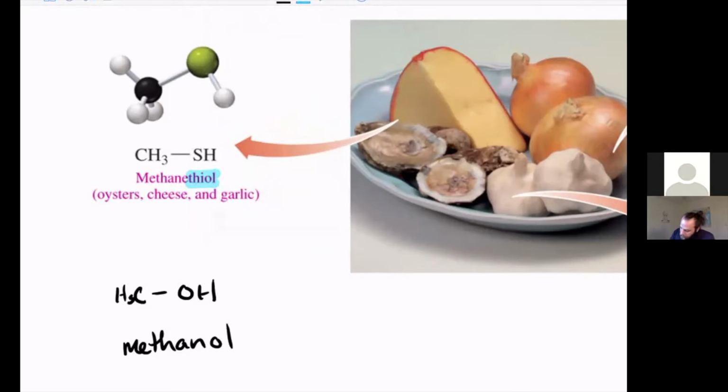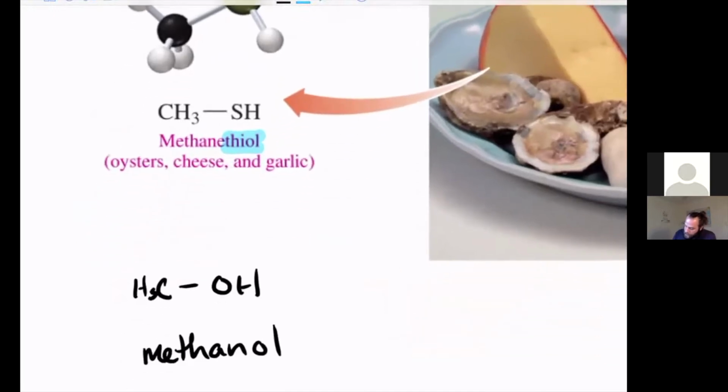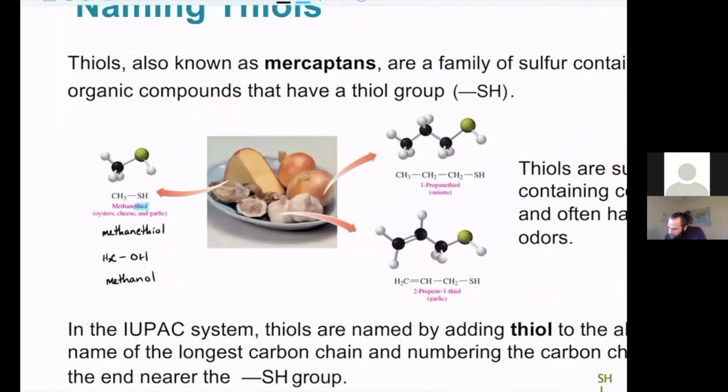And like I've been prefacing before, we don't say methanol, it sounds weird with those two consonants running together. So instead, we don't drop that consonant, we keep it, and this would be methane thiol. That would be our simplest thiol, methane thiol.